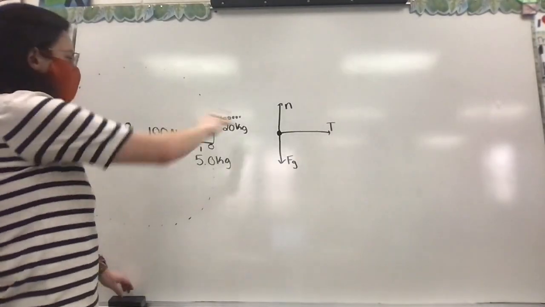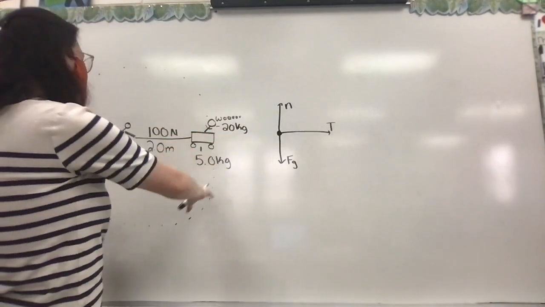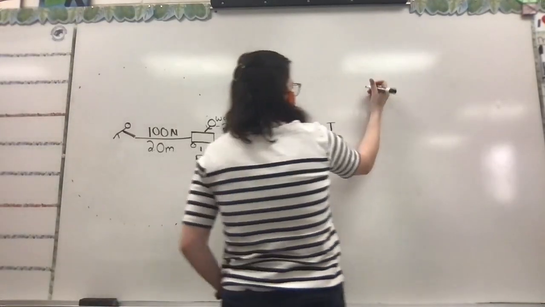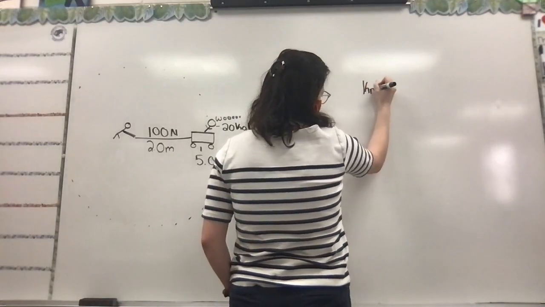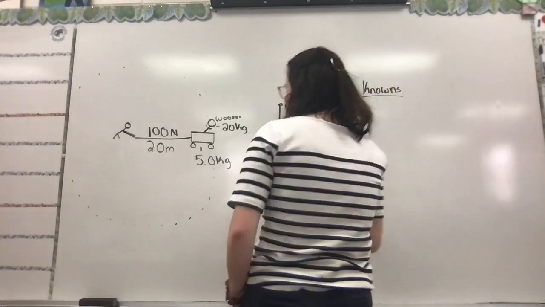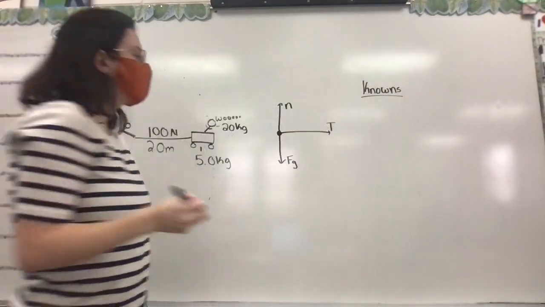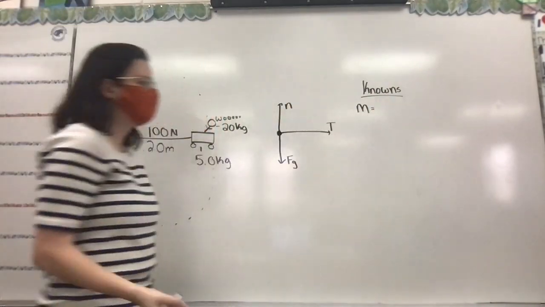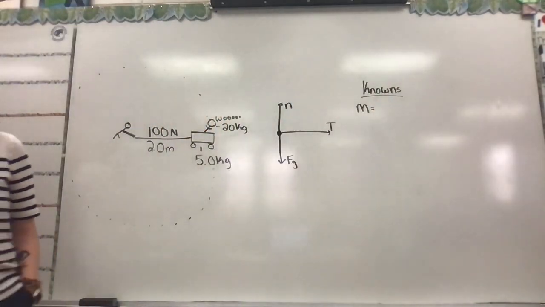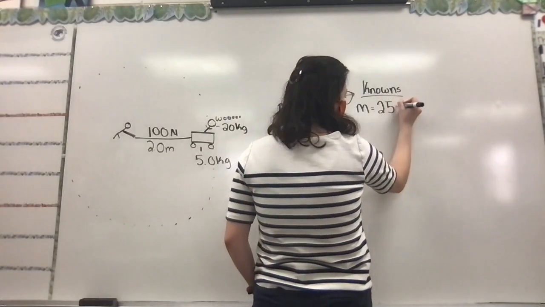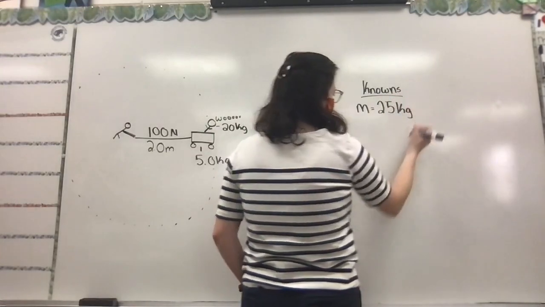So now that I have this picture, I feel like we might not need this one as much. But first, let's go ahead and make sure we have all those values written down somewhere in this handy dandy knowns column. Okay, so what is the overall mass of our particle that we're dealing with? 25 kilograms. How'd you come to 25? Yep, you're going to add the kid and the cart.